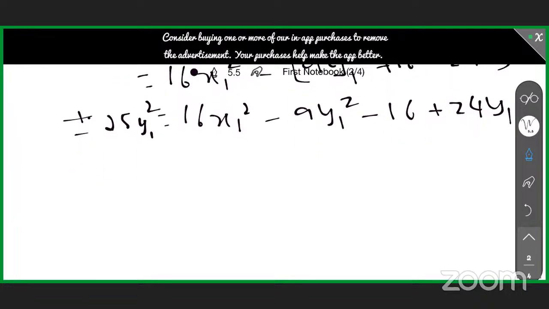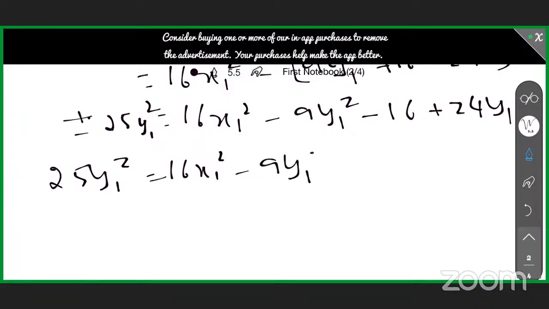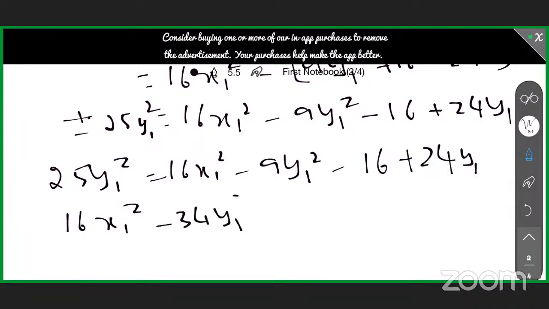Case 1, I take plus 25y1 square equal to 16x1 square minus 9y1 square minus 16 plus 24y1. I take everything this side: 16x1 square minus 9y square minus 25 will be minus 34y1 square, minus 16 plus 24y1 is equal to 0.